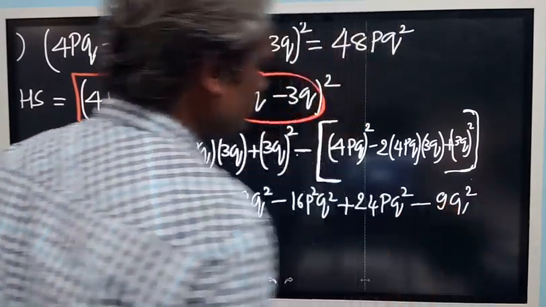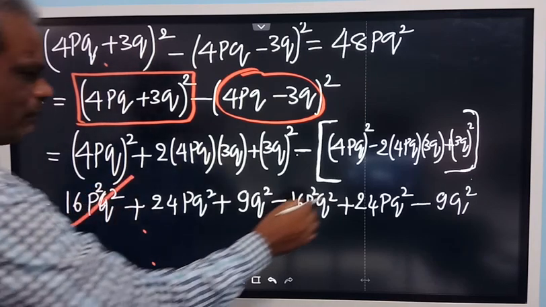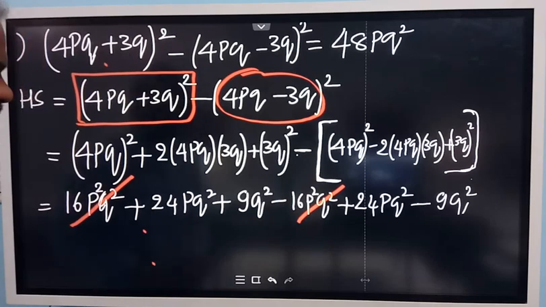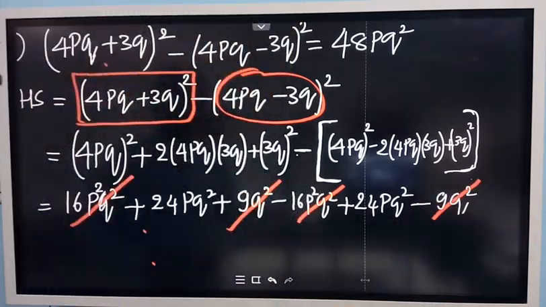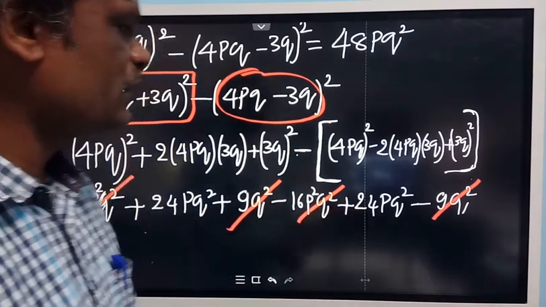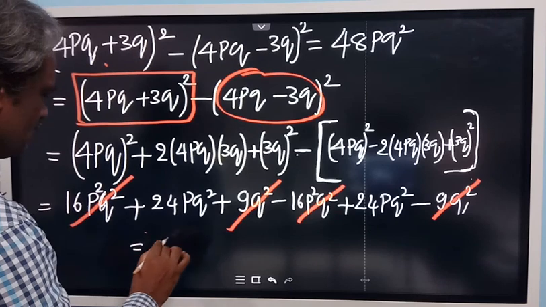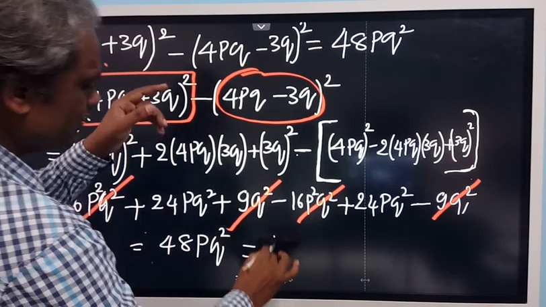Now cancel the terms which get cancelled here. Plus 16p²q² and minus 16p²q² cancel. 9q² with 9q² cancels. So you are left with only two terms, plus 24pq² plus 24pq². So your answer is 48pq².